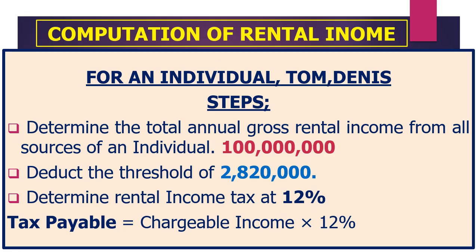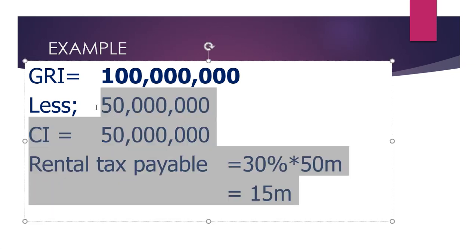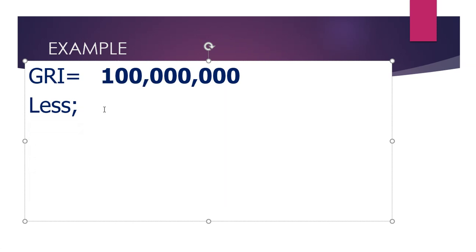For an individual, you are going to assume the same year, that an individual is earning 100 million as the gross rental income in a year. The law says the threshold is 2.82 million. Then what do you remain with?